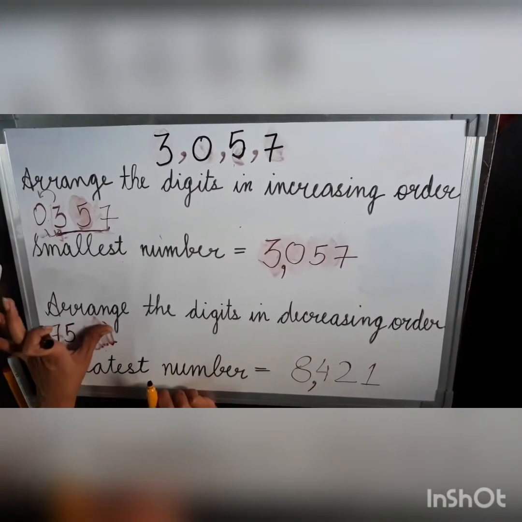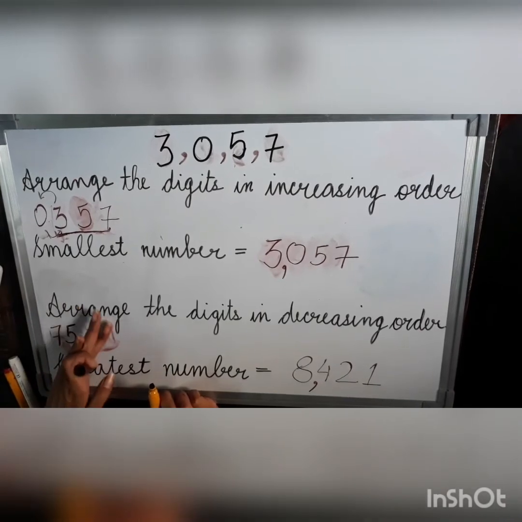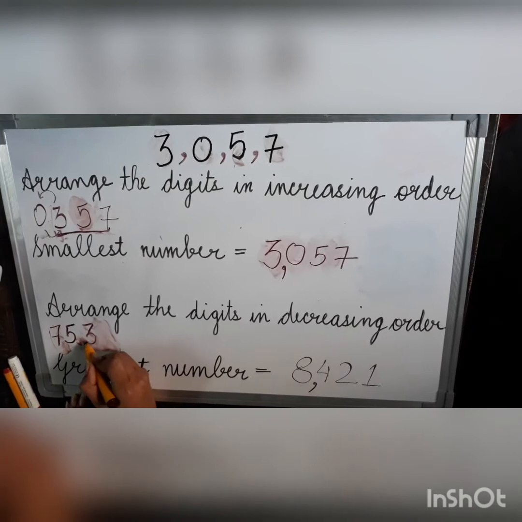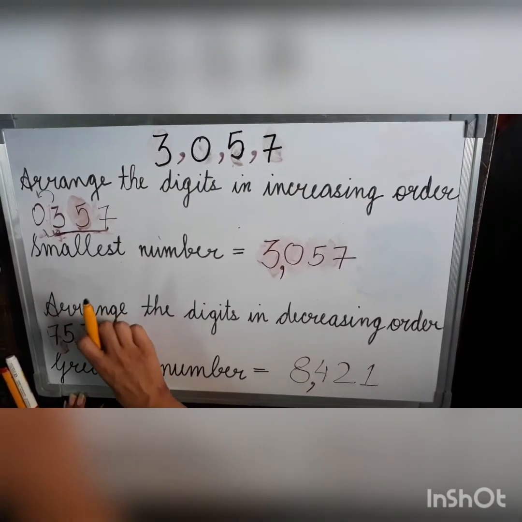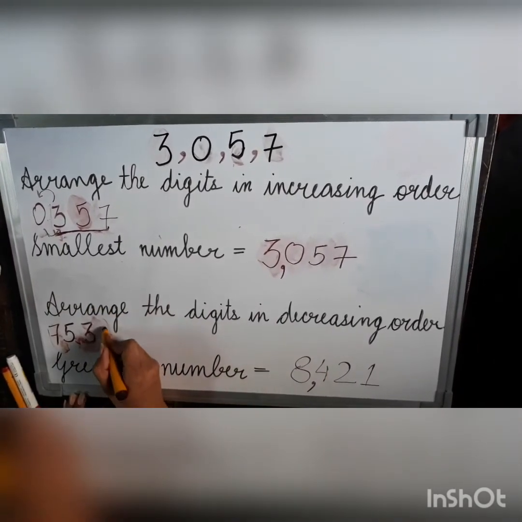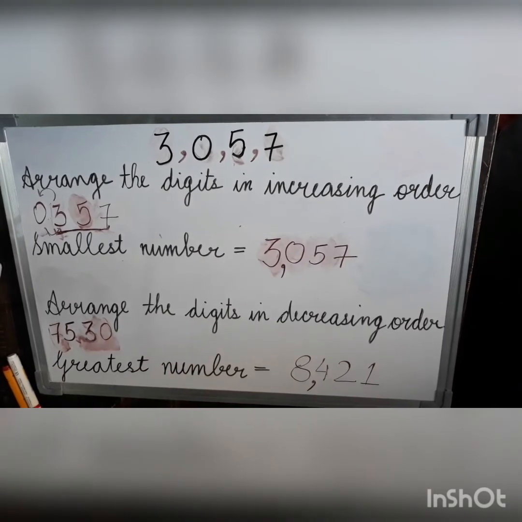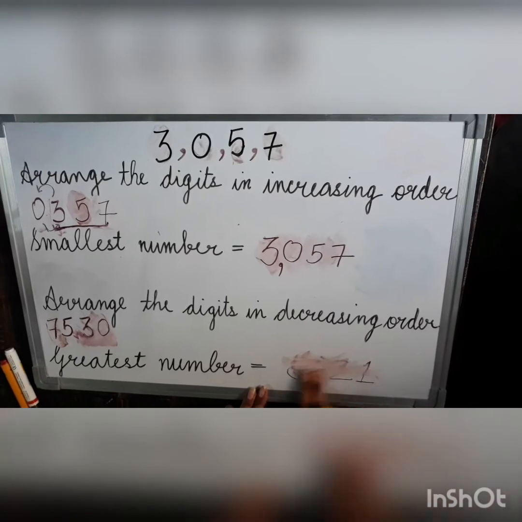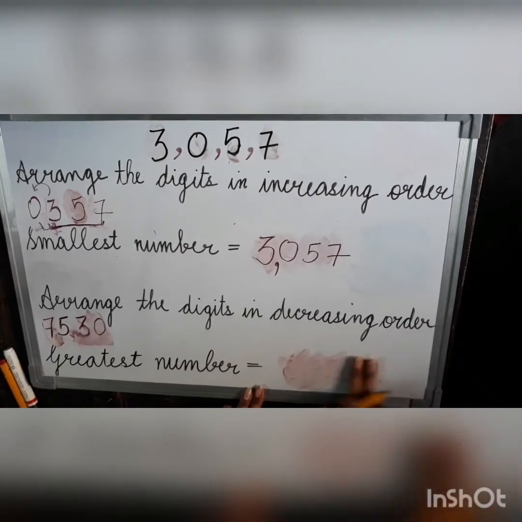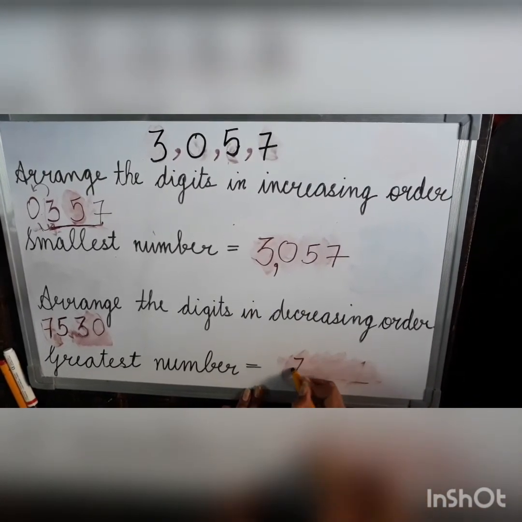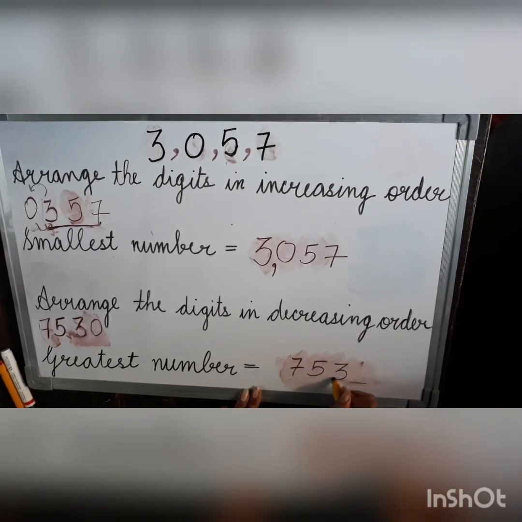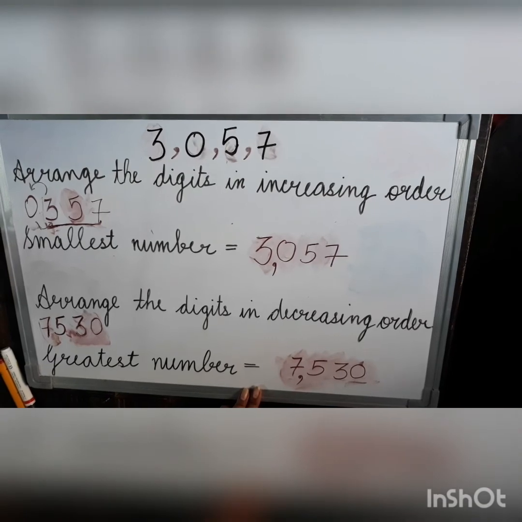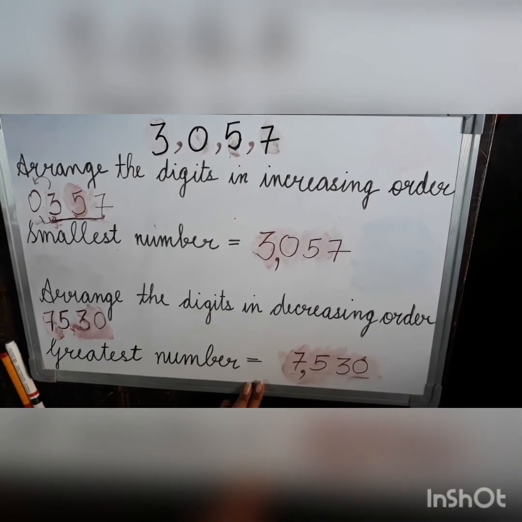Tell me fast. We are going to have 3. And after 3, which digit are we going to have? 0. So the greatest number which is formed from the given 4 digits is 7530. Got it now? Thank you.